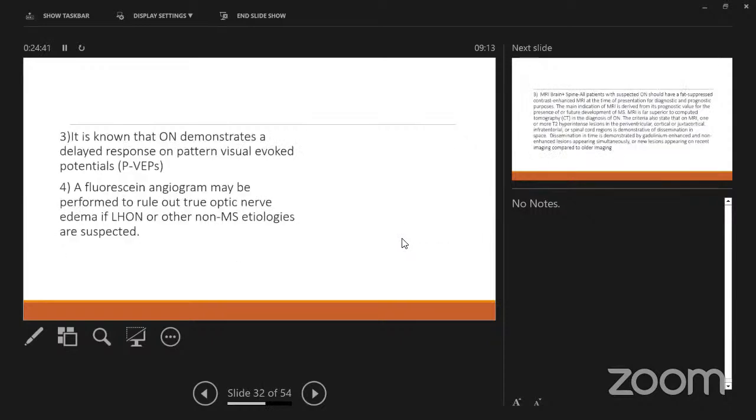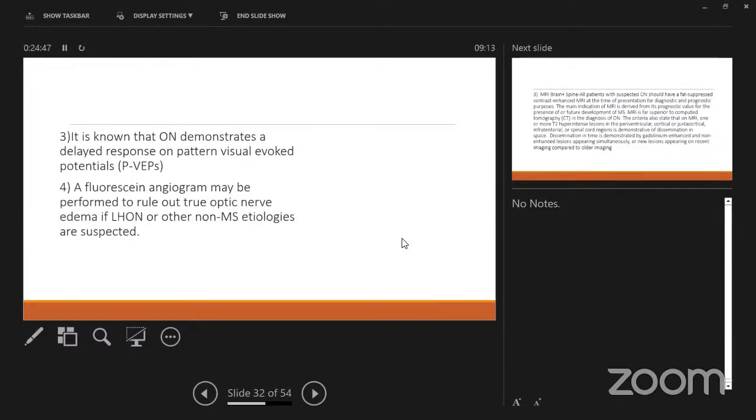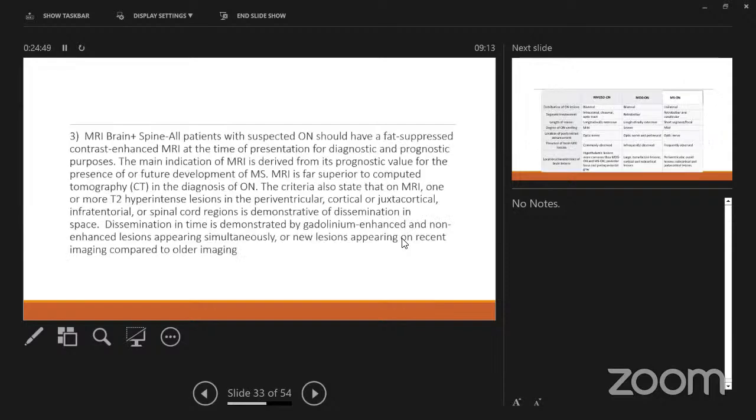As ophthalmologists, first we'll do OCT RNFL for RNFL thinning to localize that, and VEP we can carry out. And then we can go for MRI. So in MRI, what are you looking for? We are looking for T2 hyperintense lesions in the periventricular, cortical, juxtacortical, and spinal cord regions.